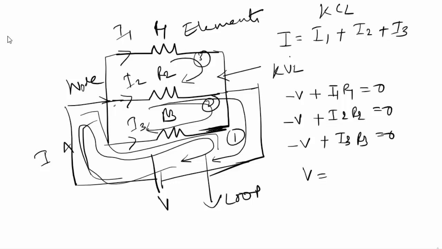So V equals I1 R1, V equals I2 R2, and V equals I3 R3. And what is my V? It is my voltage.